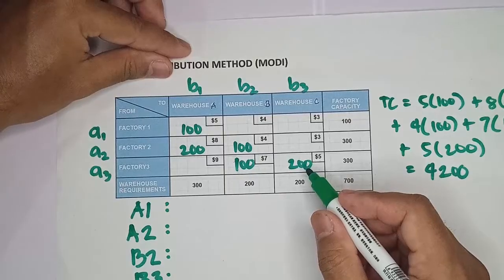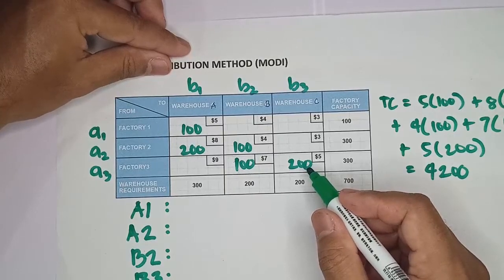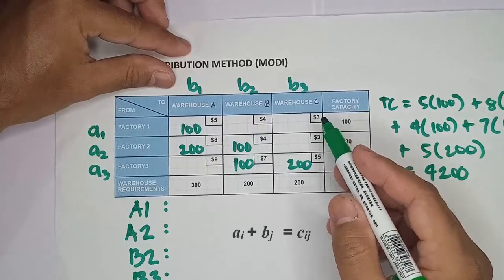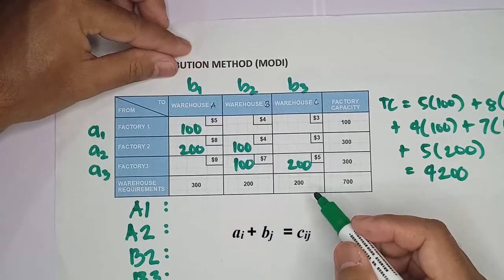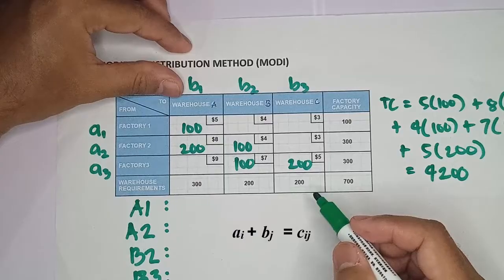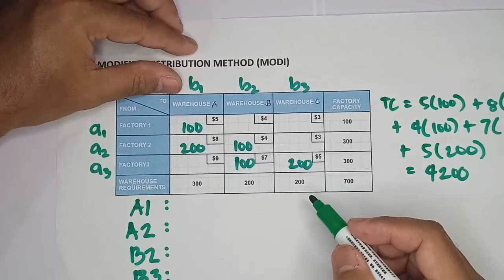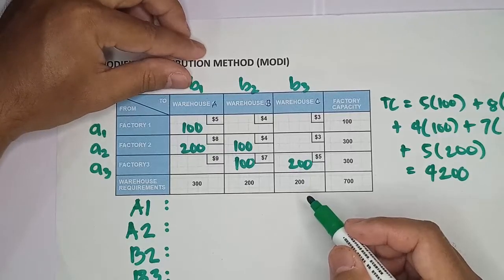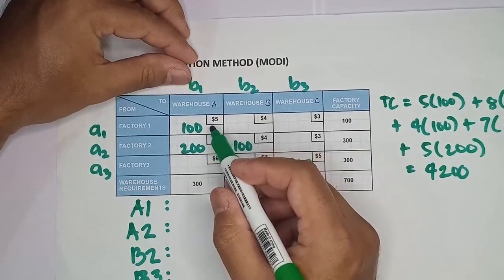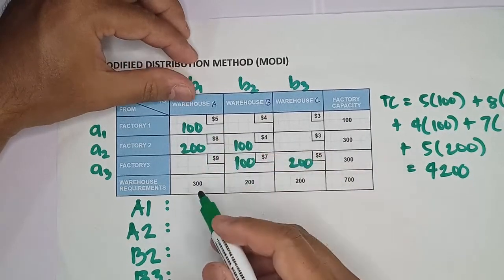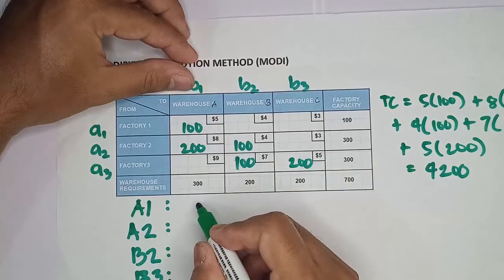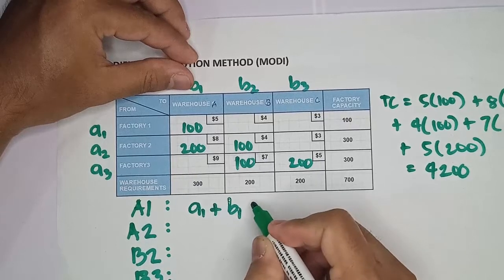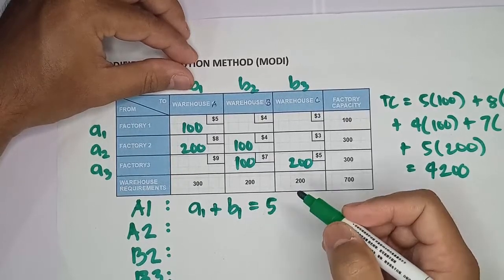We're now going to compute the values for each A sub i and B sub j using the relation A sub i plus B sub j is equal to C sub ij, starting by setting the value of A1 equal to 0. So for A1, its equation is A1 plus B1 equal to 5.